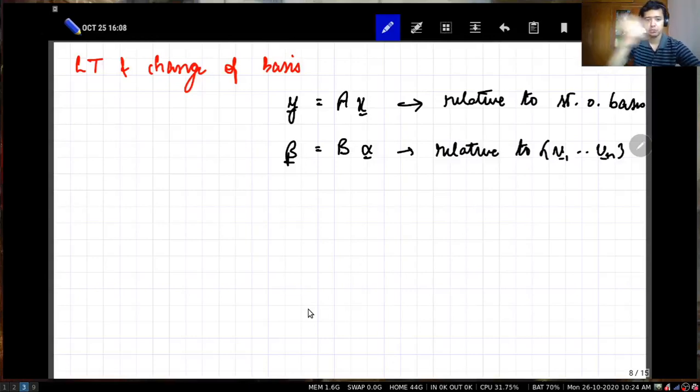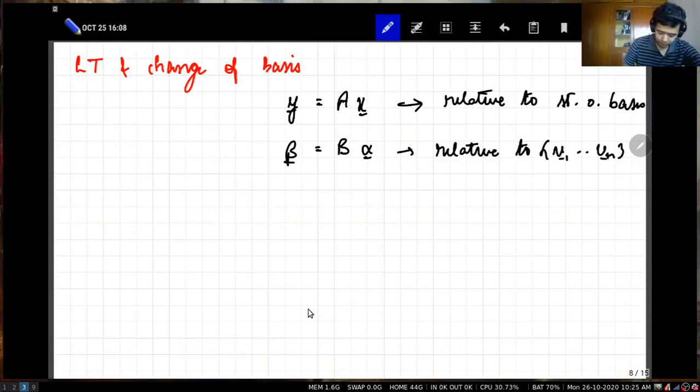Similarly, the transformed vector y is some vector in Rn, and y1 through yn correspond to the coefficients relative to the standard ordered basis, whereas beta 1 through beta n represent the same vector as y, but now relative to the basis v1 through vn, right? So it's the same pair of vectors, but we are viewing this in terms of different bases.